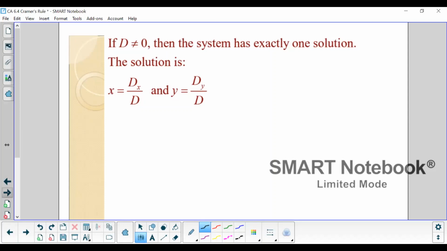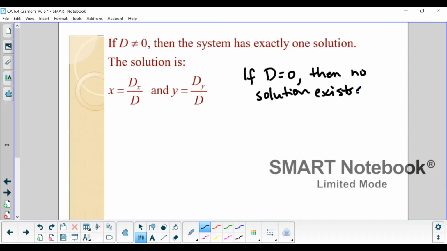But I do need you to write this down. If D does equal 0, then no solution exists. Because you can't divide by 0.